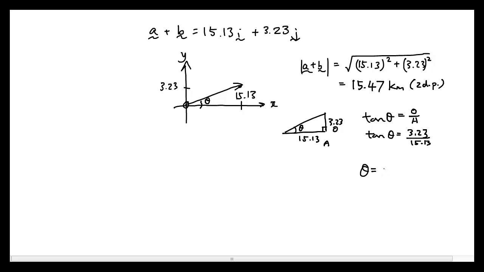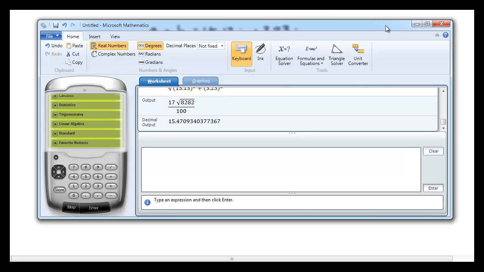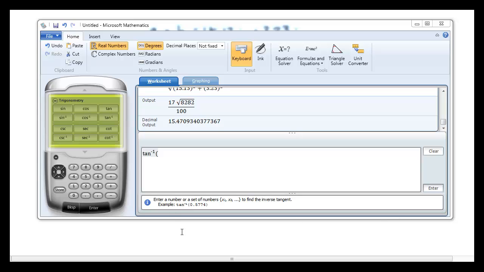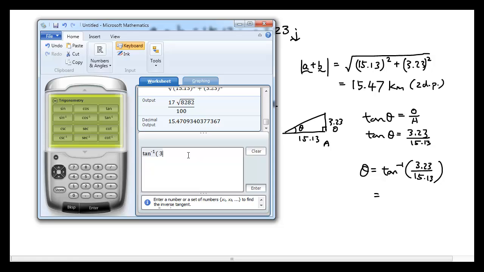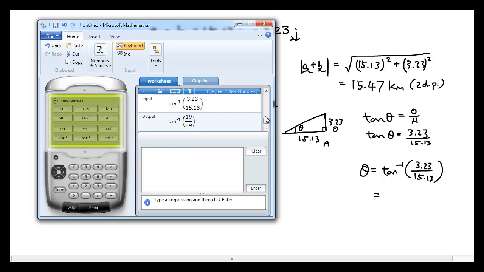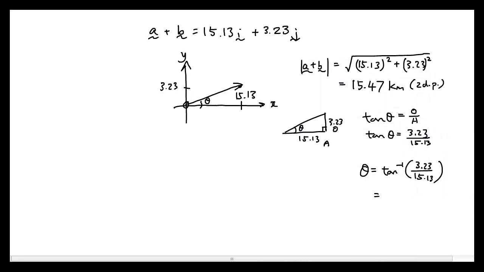So theta equals inverse tan, and then put that in your calculator. So if you're working in Microsoft Mathematics, you have to find inverse tan in this calculator on the left. So inverse tan 3.23 over 15.13, and the answer is 12.05 degrees.